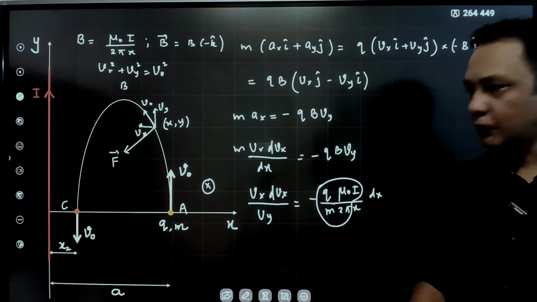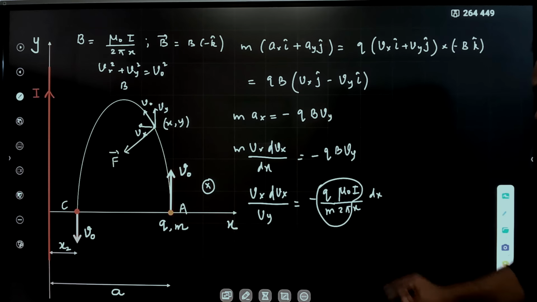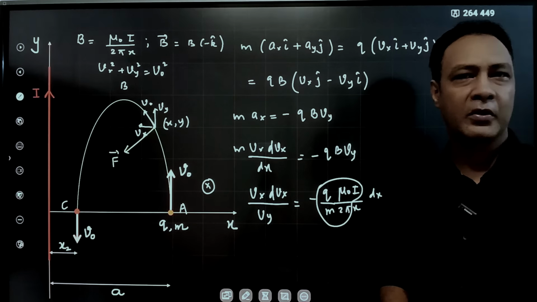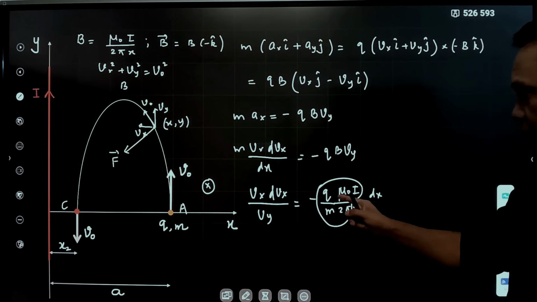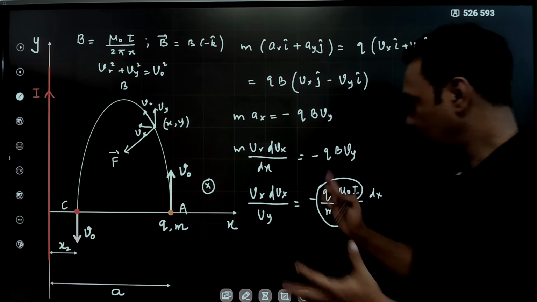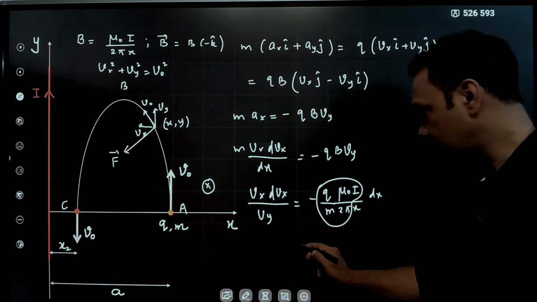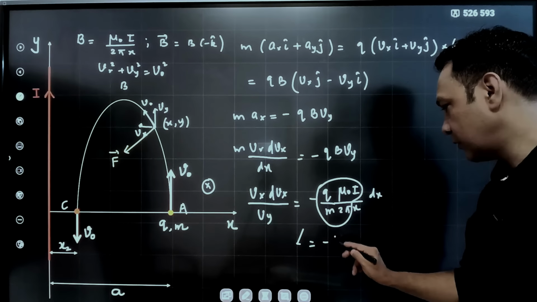So see this part, let me separate. This part on the LHS is velocity by velocity, and this is also velocity, so it has a dimension of velocity, and dx by dx is dimensionless. So whatever is inside this bracket should have the dimension of velocity, and that is a constant thing. I don't want to carry this in these big equations, so I just want to replace it with a simple value, say u, and later I will replace that.